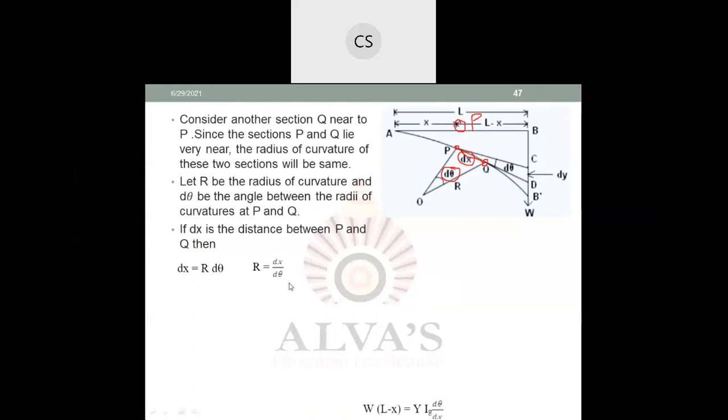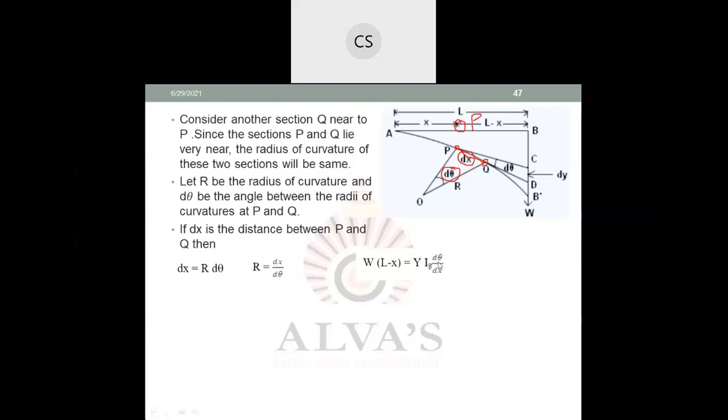So you will get W into L minus x is equal to capital Y, please note this is a capital Y, Ig, the geometrical moment, divided by R, that is dx by d theta.